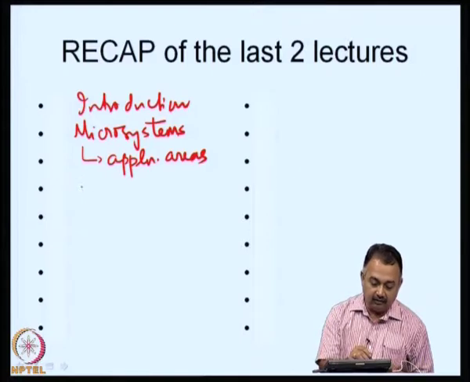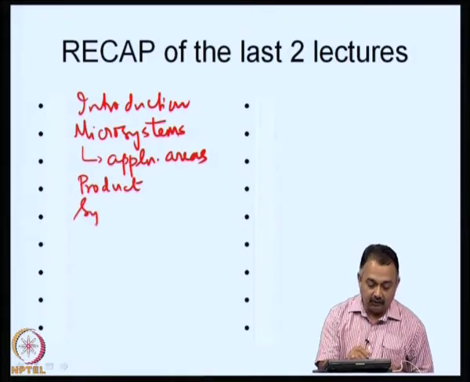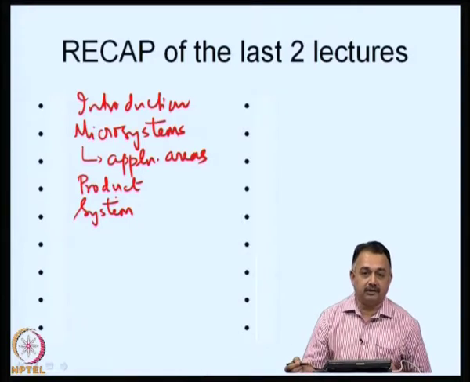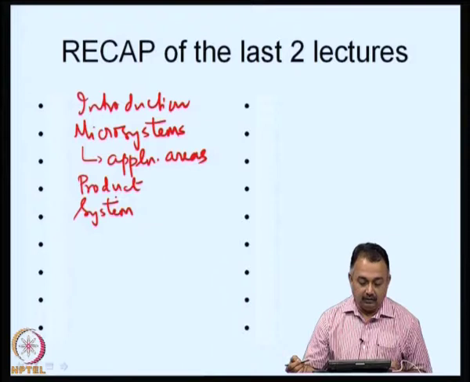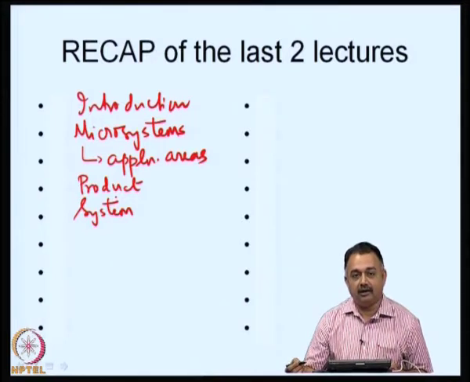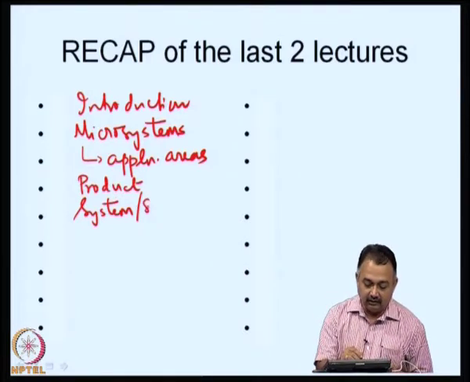Then we have seen or defined briefly what a product is, and we have also seen what a system means. In today's context, using the term system becomes very important, because if you want to define a product, you have to define system functions. So, any design today in electronics packaging should be viewed at system level functions.